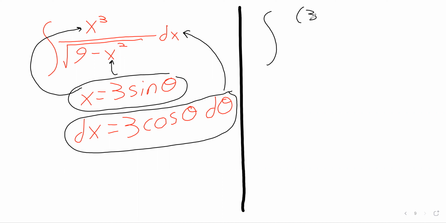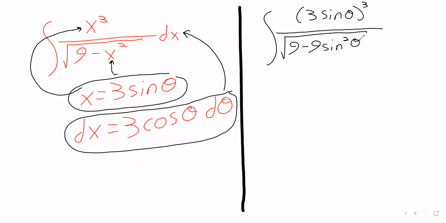And we get 3 times the sine of theta cubed divided by the square root of 9 minus 9 times the sine squared of theta. And then we've got 3 times the cosine of theta d theta.